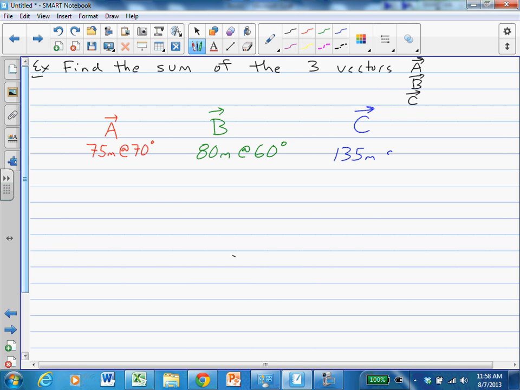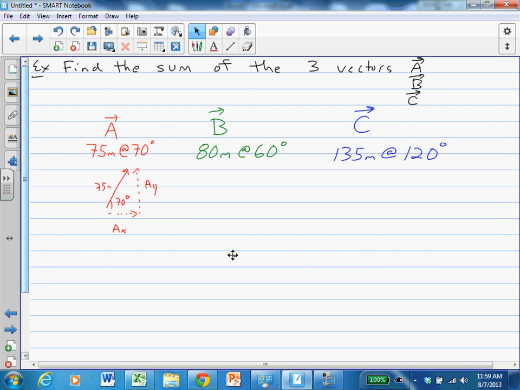So just drawing pictures of these three relative, 75 meters, that's 70 degrees. That has an AX and an AY. Because remember, the first step in summing these is to find the X, Y components of all of them.